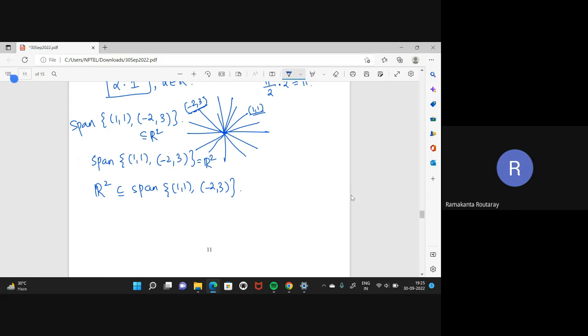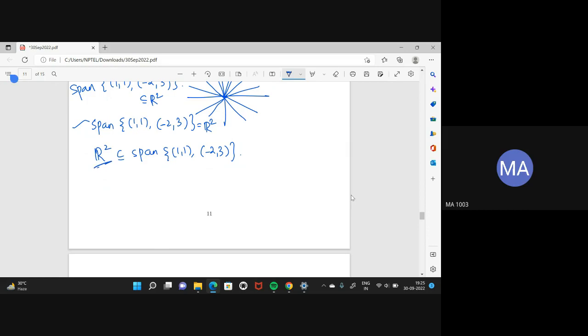Agree? Yes. Yeah. So how does an element in R2 look like? (x, y). If I show that this element belongs to this, then I'm done, right? Yes. So how does an element in the span of this look like? It equals alpha times (1, 1) plus beta times (-2, 3), where alpha and beta can be anything, right?